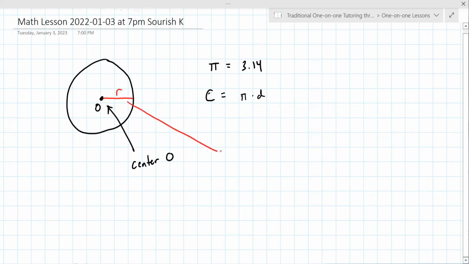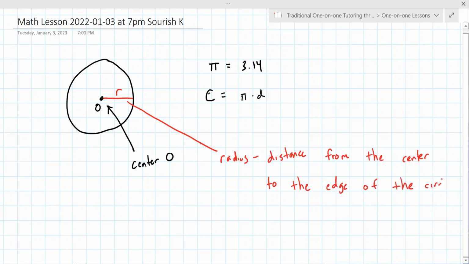The radius is the distance from the center to the edge of the circle. Okay. Let me write that down.